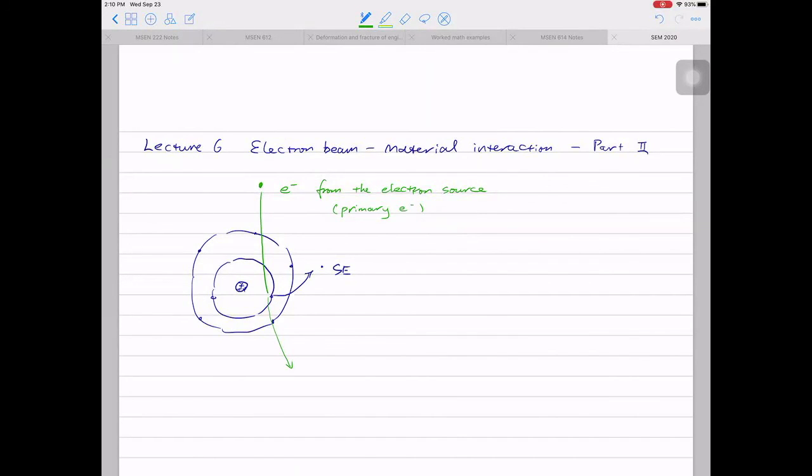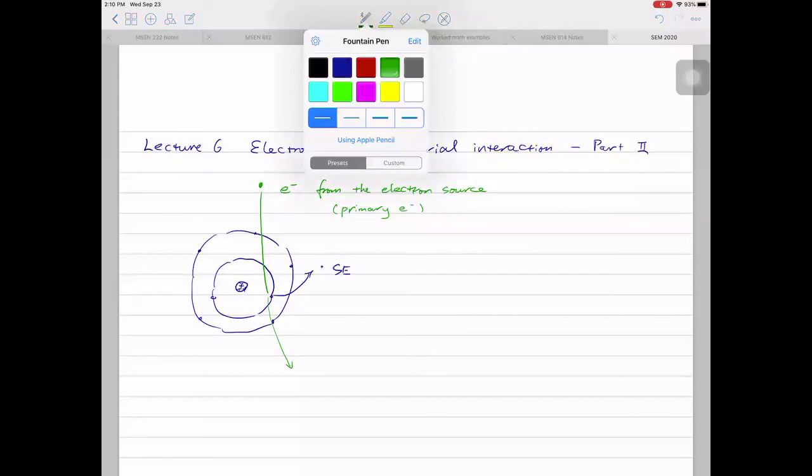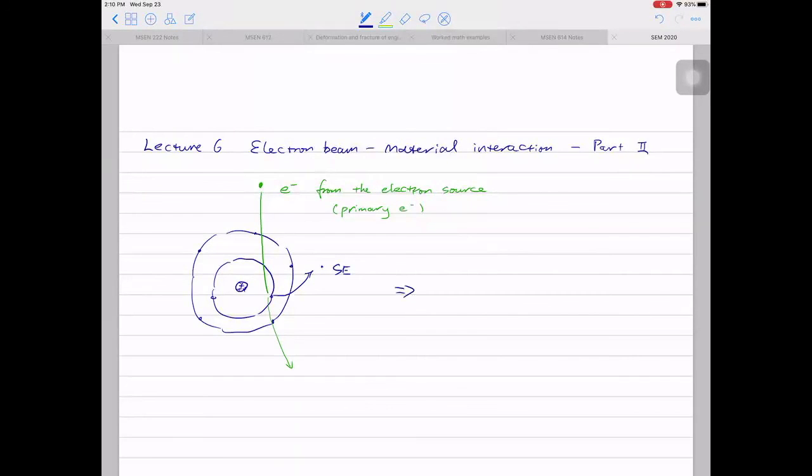What happens here is we are left with a state like this. We still have electrons here. But after knocking out, we're left with a hole here.